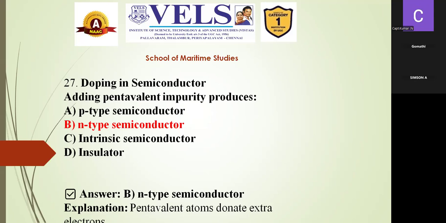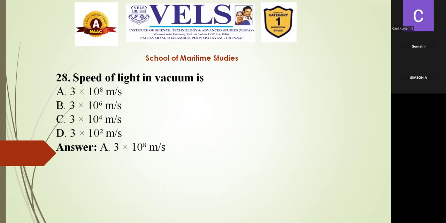Pentavalent atoms donate extra electrons. So doping a semiconductor by adding a pentavalent impurity produces N-type semiconductors.